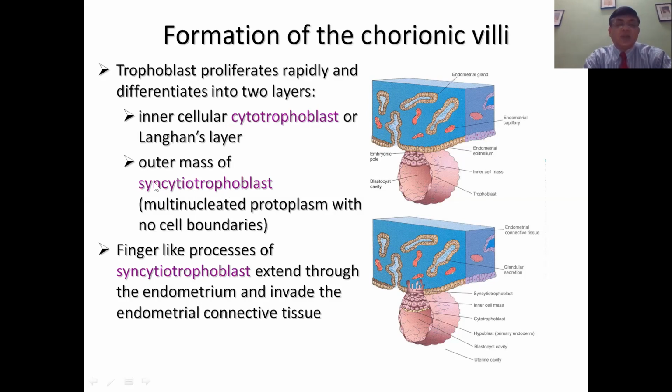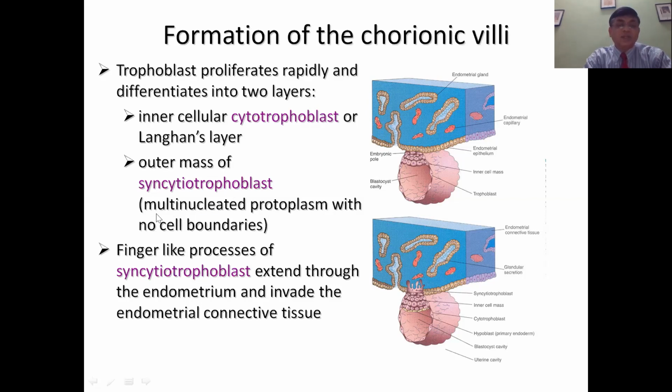What happens in syncytiotrophoblast is that the cell walls vanish from there, and it's a multinucleated protoplasm with no cell boundaries. I repeat, the outer mass is called as syncytiotrophoblast.